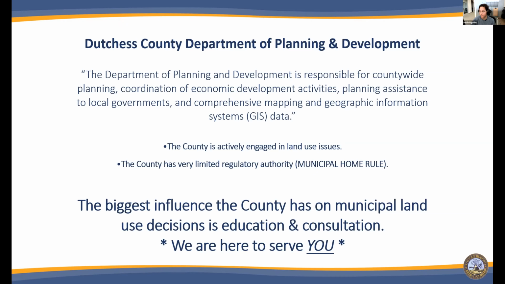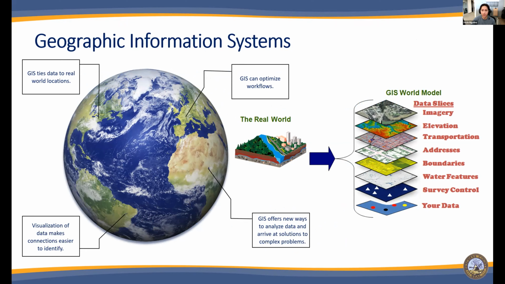I'm going to be talking a lot about GIS during this presentation. So for those of you who may not know a lot about what GIS is, or maybe have never even heard of that term, GIS is an acronym that stands for Geographic Information Systems. And a geographic information system is a way of managing and studying data that is tethered to spatial locations.